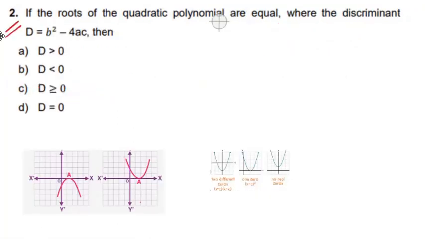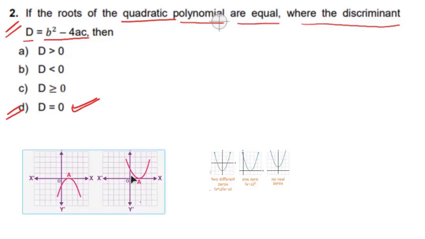Question 2: if the roots of the quadratic polynomial are equal, where the discriminant d is equal to b square minus 4ac, then what would be the value of d? So here the value of d will be 0. The correct answer is D. When the roots are equal, what do we mean by roots are equal?